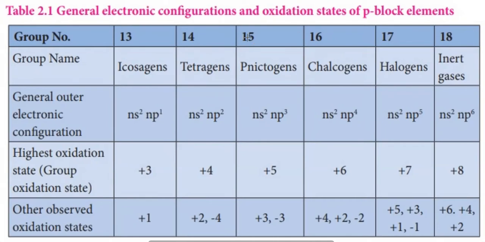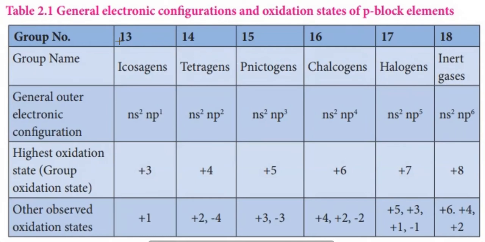Then group number 15 are pnictogens. Group number 16 are chalcogens. Then group number 17, halogens, and group number 18, inert gases.